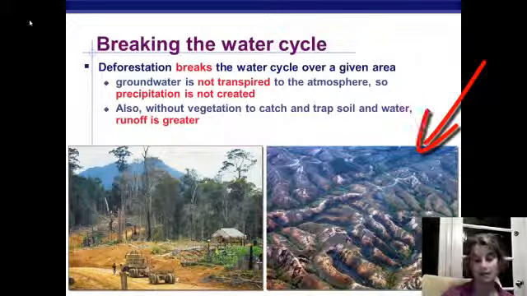That can lead to something called desertification, where vast areas become water poor and become like desert.